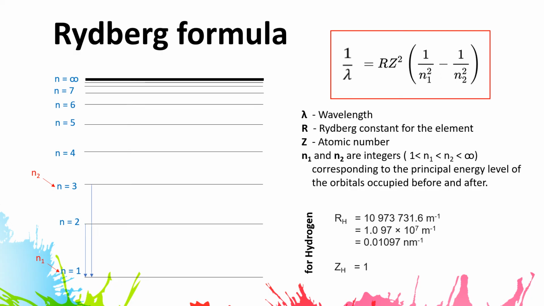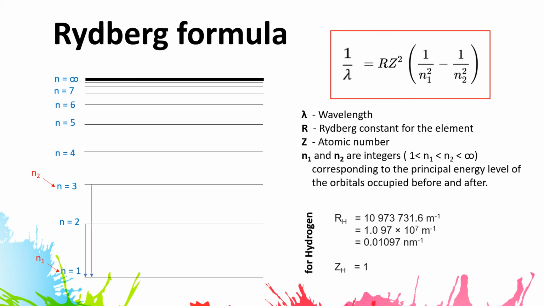Therefore, when you apply the radiation emitted from this movement of an electron, you can calculate using this Rydberg formula. 1 over lambda you can calculate. R is the well-known Rydberg constant, Z is 1 for hydrogen, N1 is 1 and N2 is 3. So by moving of an electron from the third energy level to the first energy level, there may be emission of some electromagnetic radiation.